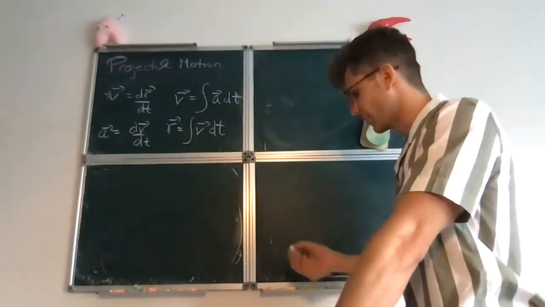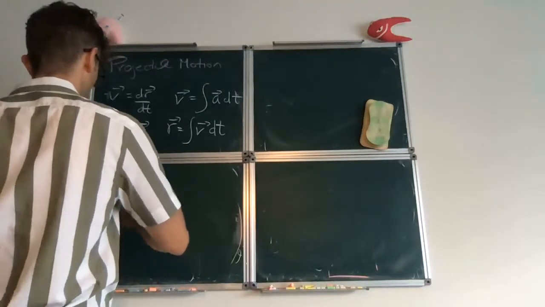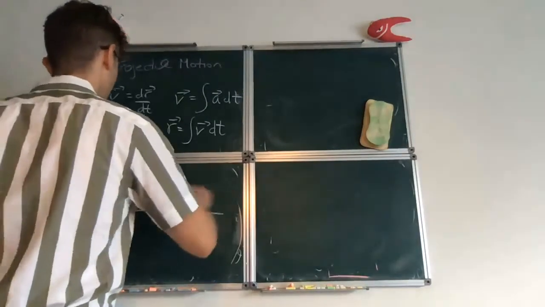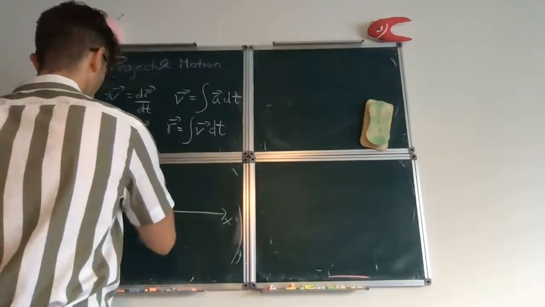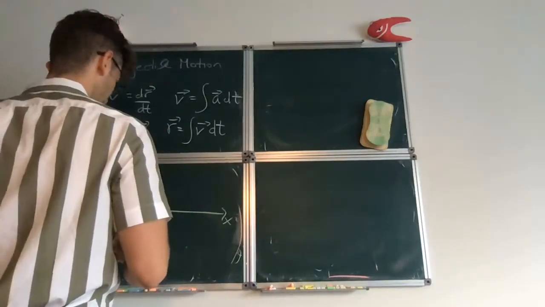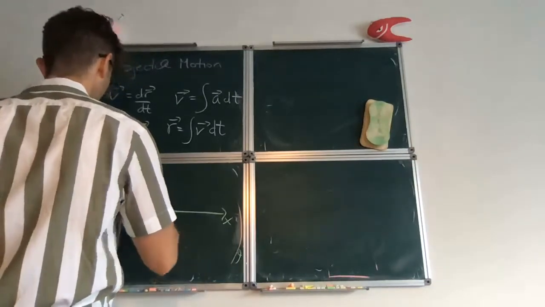So maybe you have already done this example before, but let's say you want to describe the trajectory of a body moving under the influence of gravity. So this is like these projectile problems.